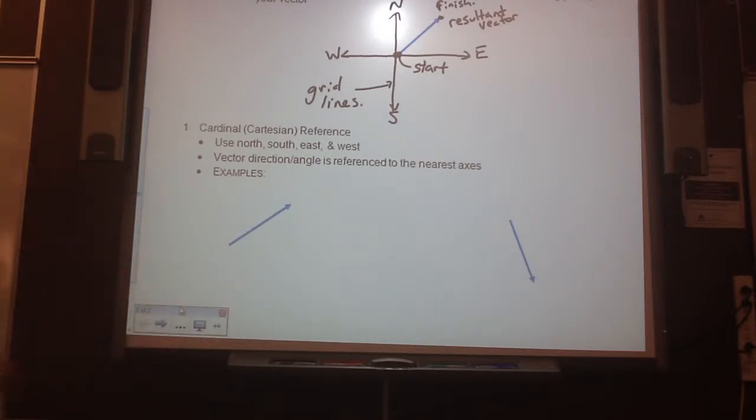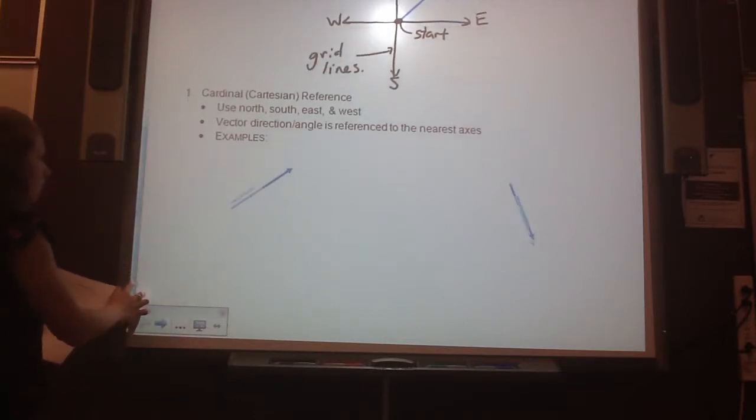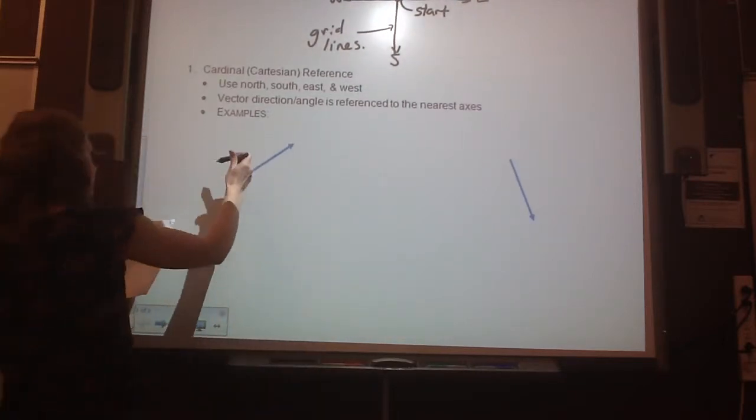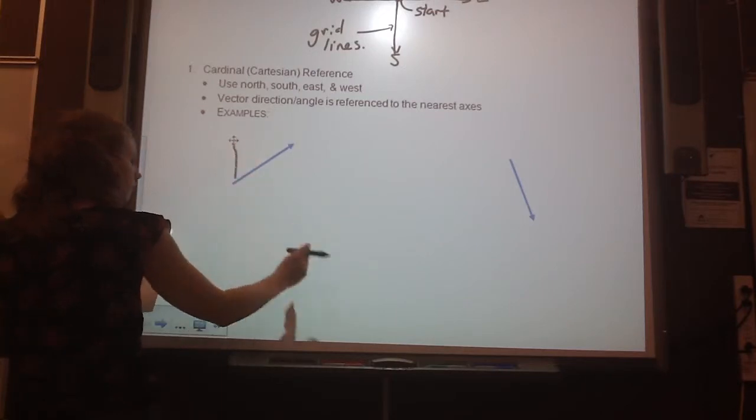So, to do the cardinal reference is our north, south, east, west. So again, we draw our grid lines. So this is our first example.